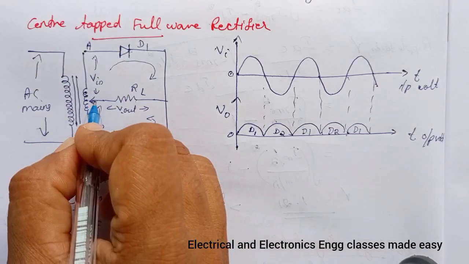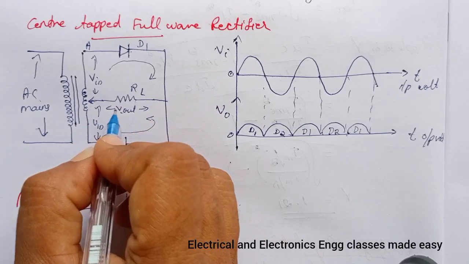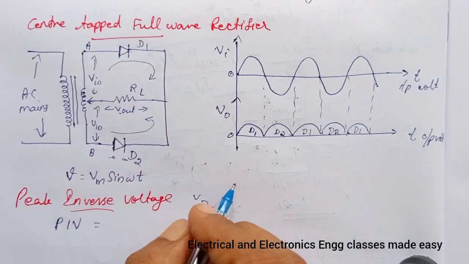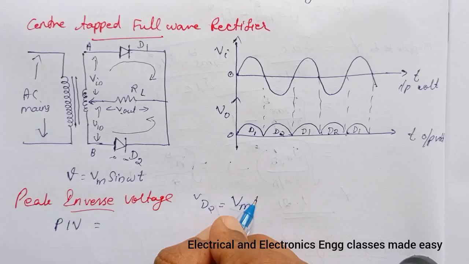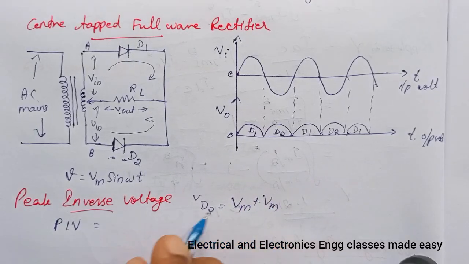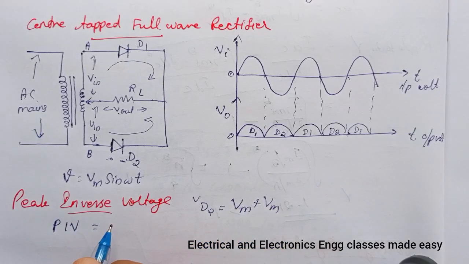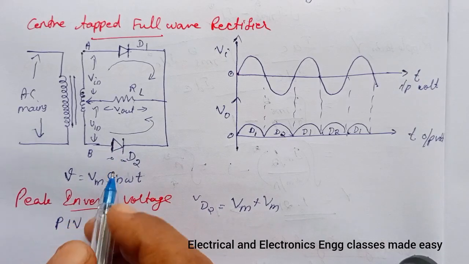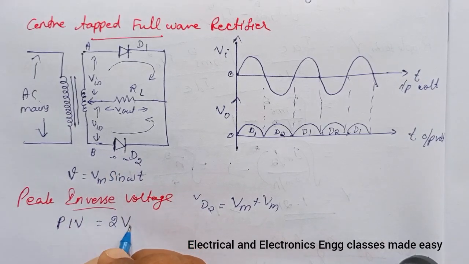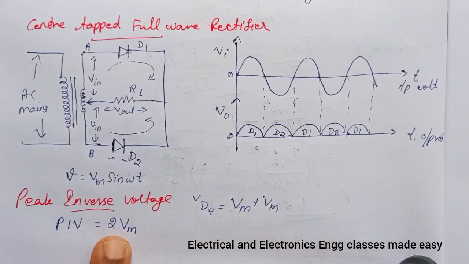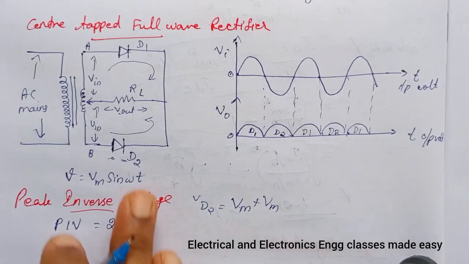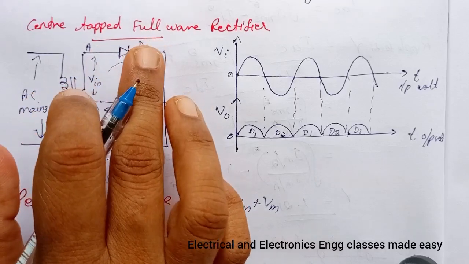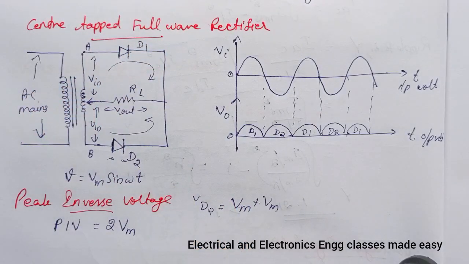So across this coil plus across the load resistor is Vm plus Vm. So the peak inverse voltage across the non-conducting diode is 2 Vm, and that is the peak inverse voltage in the case of center tapped full wave rectifier.